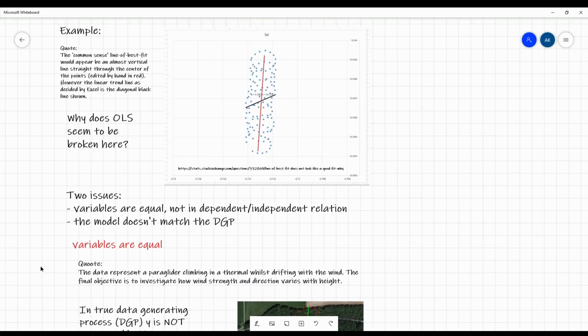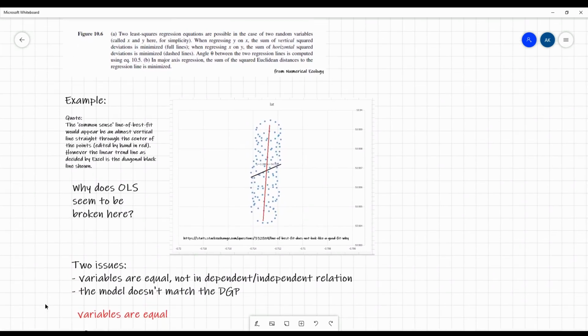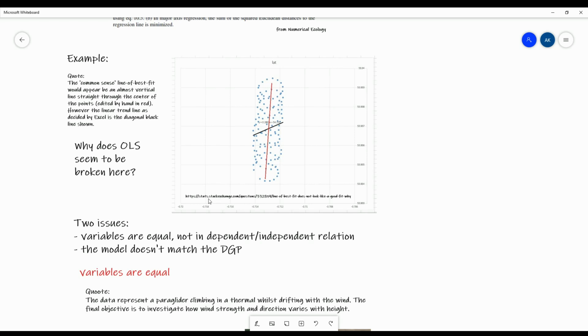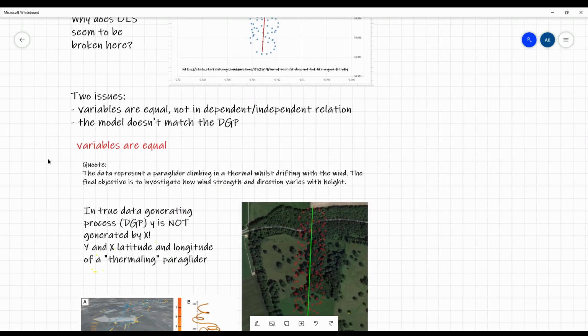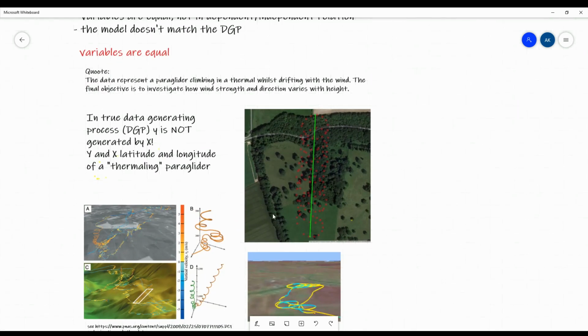Right in the question itself, there is a link. You can try that link, and if you follow that link to stat exchange, you will find the data. So that's what I did. If you pull the data and map it on, let's say, Google Maps, you will see that it's somewhere in the UK.